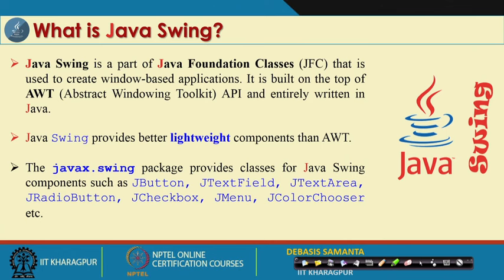programs. It is developed usually by Oracle to make Java Swing more platform independent. So, Java Swing in fact provides better lightweight components than AWT. Lightweight means that a programmer can do many things without knowing exactly how all those things are being done.